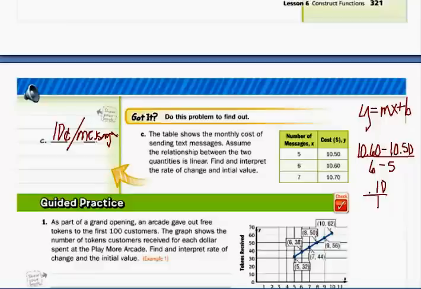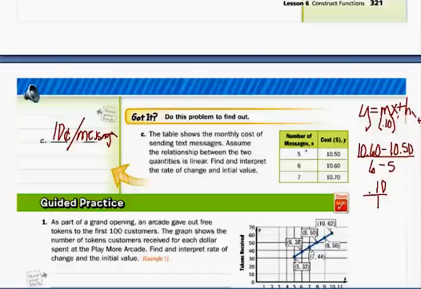So we need you to have y equals mx plus b. We know that the m is 0.10. I can choose any x and y that I want. Again, I'm choosing the smallest one. So 10.50 equals 0.10 times my x. I put that number in the wrong spot, so sorry about that. That's supposed to be my x goes over here.